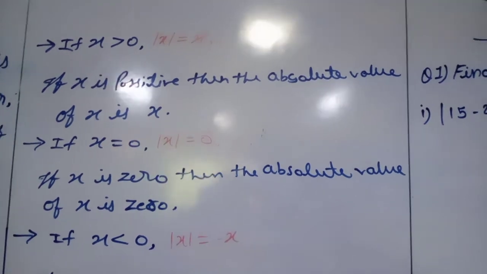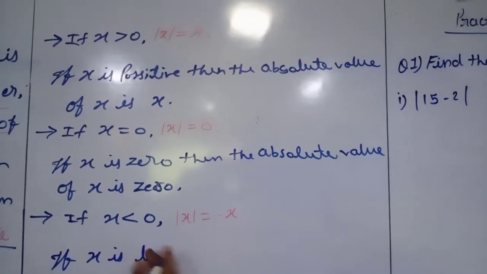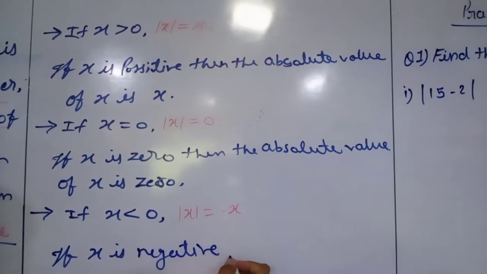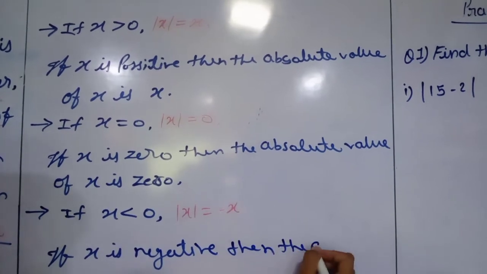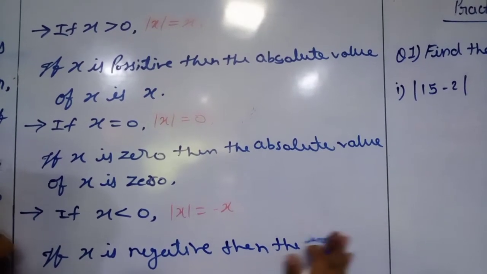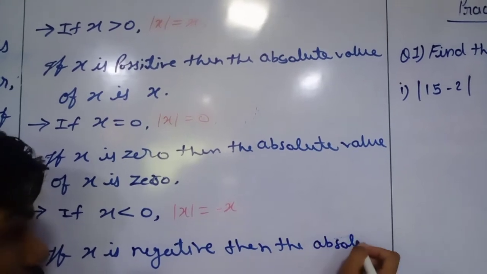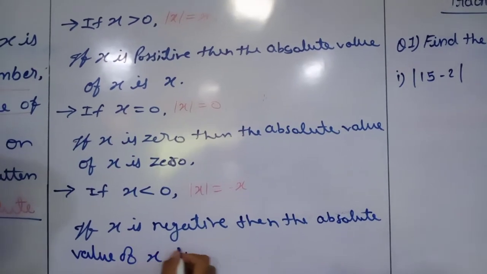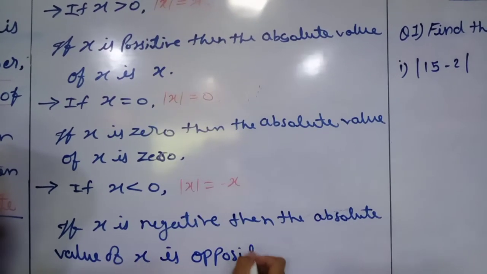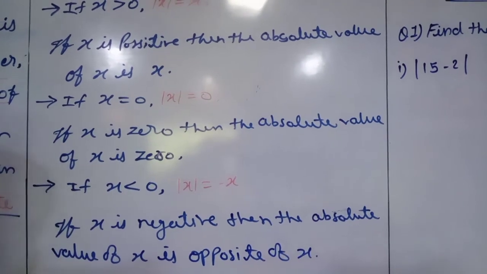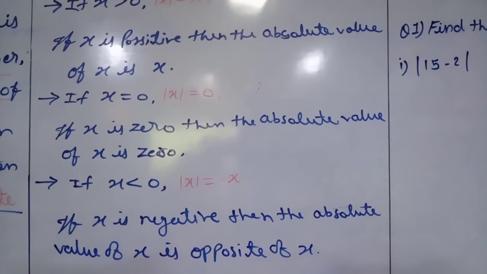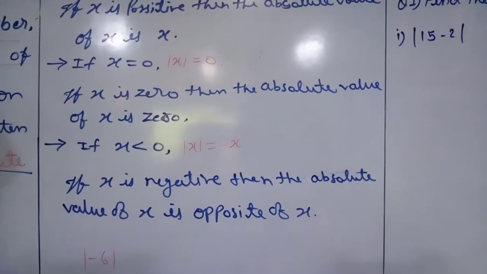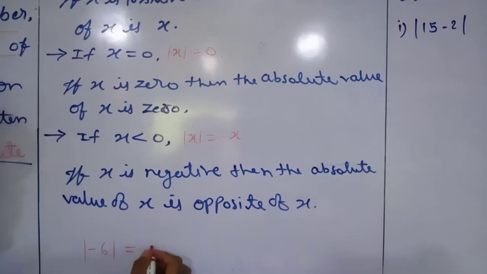If x is less than 0, that means x is negative, then the absolute value of x is the opposite of x. Let's see an example: if the value of x is -6, the absolute value of this is equal to 6.